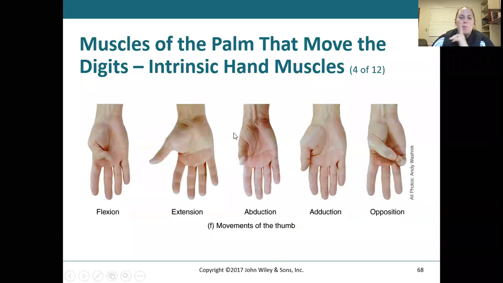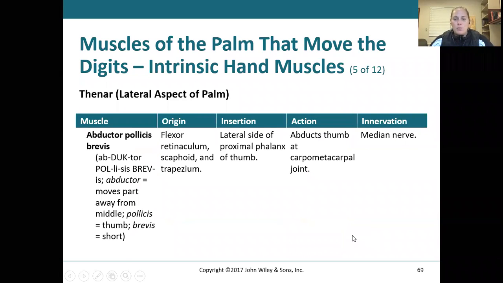Okay, so muscles of the palm that move the digits. Your flexion, your extension, your abduction, your adduction, and your opposition are all going to be these movements of the thumb. When we're talking about these different movements, it's important to refer to the action of exactly what's happening.